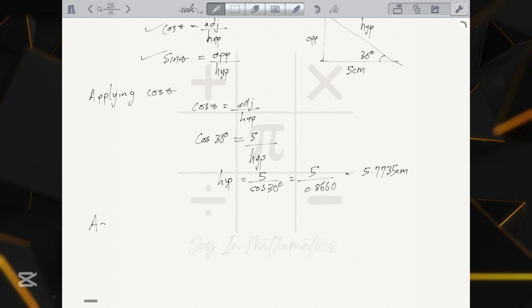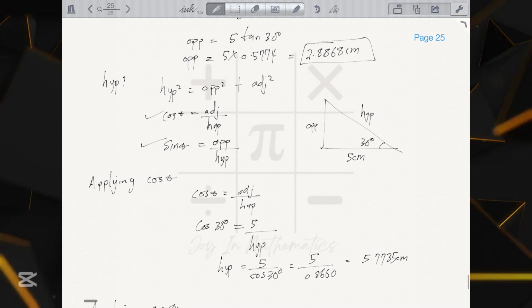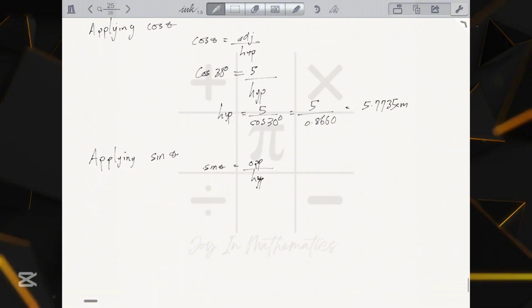In the same vein, if you apply sine theta to this question, sine theta is equal to opposite over hypotenuse. Now we have evaluated the opposite to be 2.8868. So we are saying that sine 30 degrees is equal to 2.8868 divided by the hypotenuse.